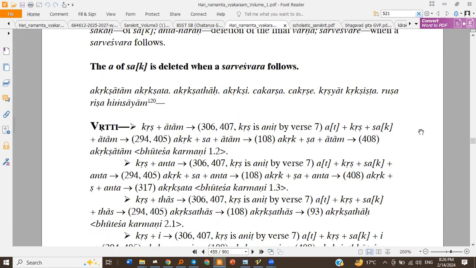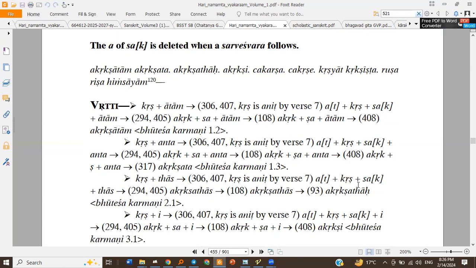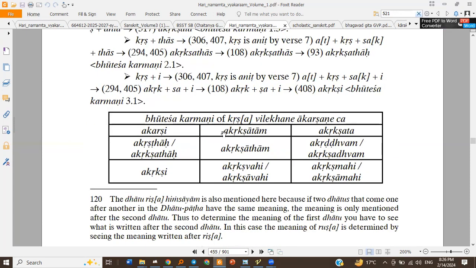So Krish plus Atam, Dhatu Puramat, Sak is there when C is not applied. So this A of Sak is deleted when a Sarveshwara follows, because Atam begins with a Sarveshwara. So we get Akrikshatam, Akrikshatam, Akrikshata, ityadi. So like this we get these forms, Akarshi and so on.